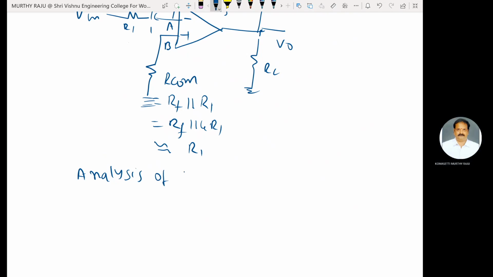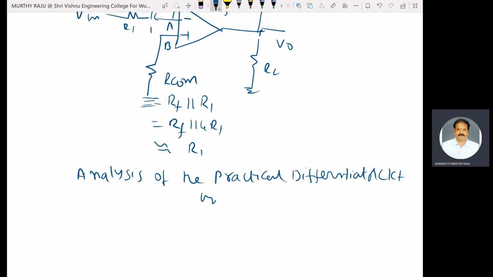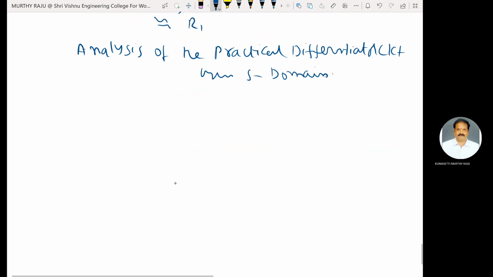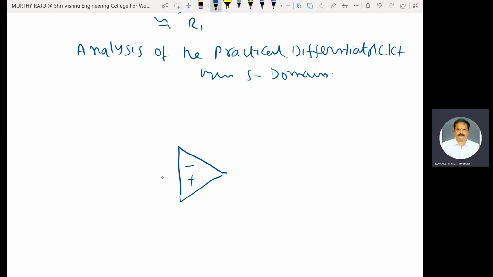Next, analysis of the practical differentiator circuit using the S domain. Here is the op-amp, minus, plus. R1 in series with 1 by S C1, this is V in.